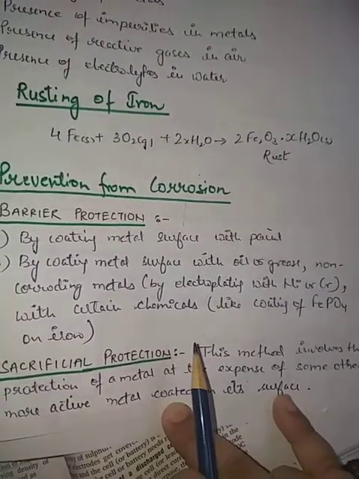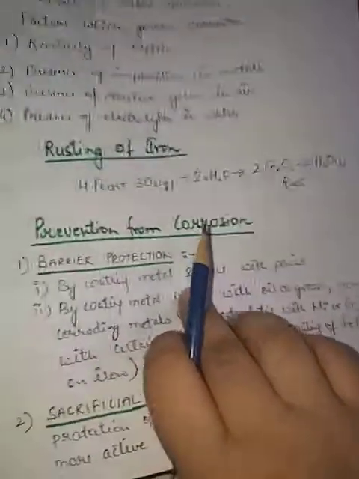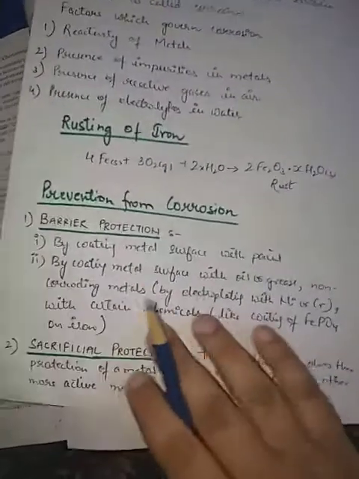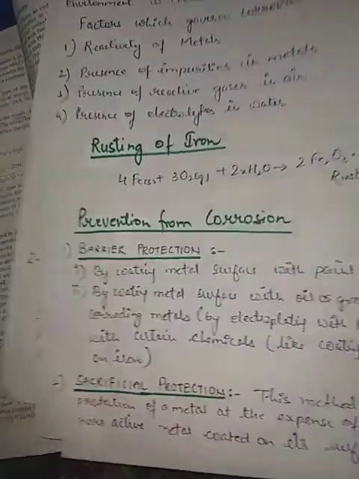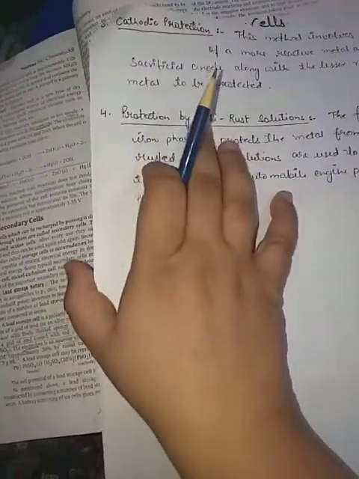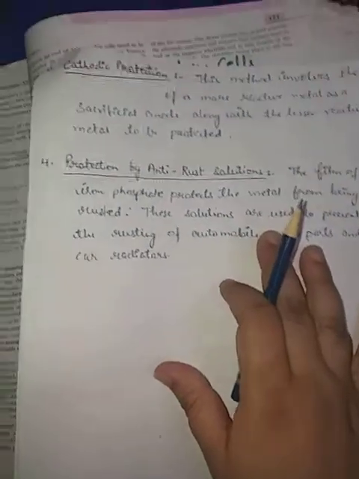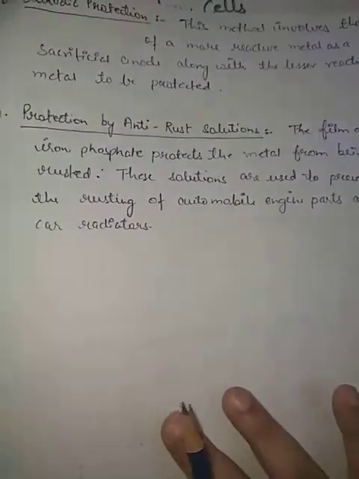So the surface of those pipelines is coated with some active metals, and those active metals present over the surface protect the articles.